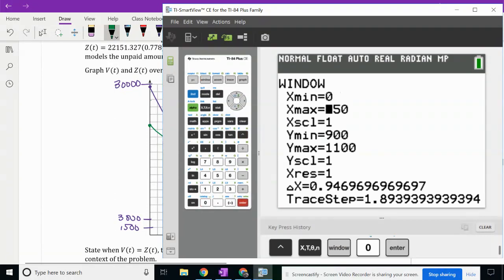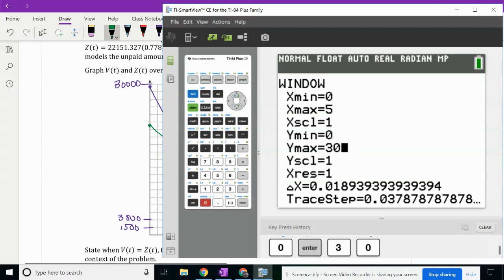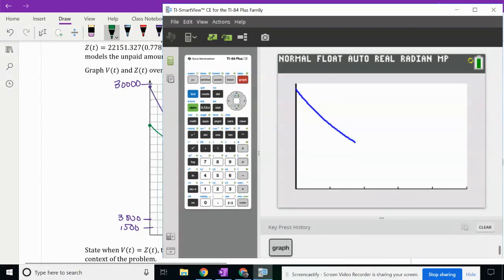So I'm going to make my window 0 to 5 and 0 to 30,000. So I'm going to see the same thing that I should see on my paper, noticing they intersect somewhere between 1 and 2.